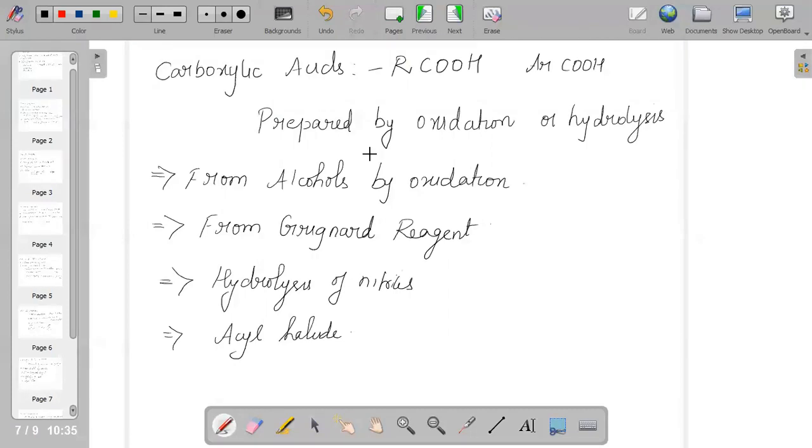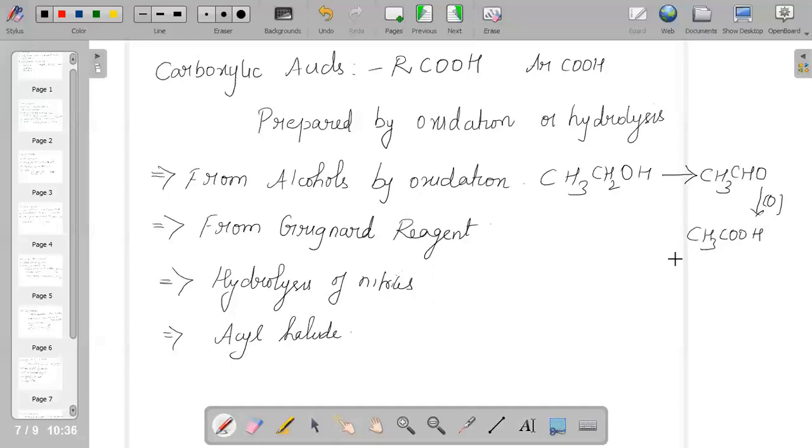For example, taking alcohol CH3CH2OH, on oxidation it will first give aldehyde, CH3CHO, and on further oxidation it can give carboxylic acid, CH3COOH. So we are getting ethanoic acid. This can be used as a method of preparation of a carboxylic acid.